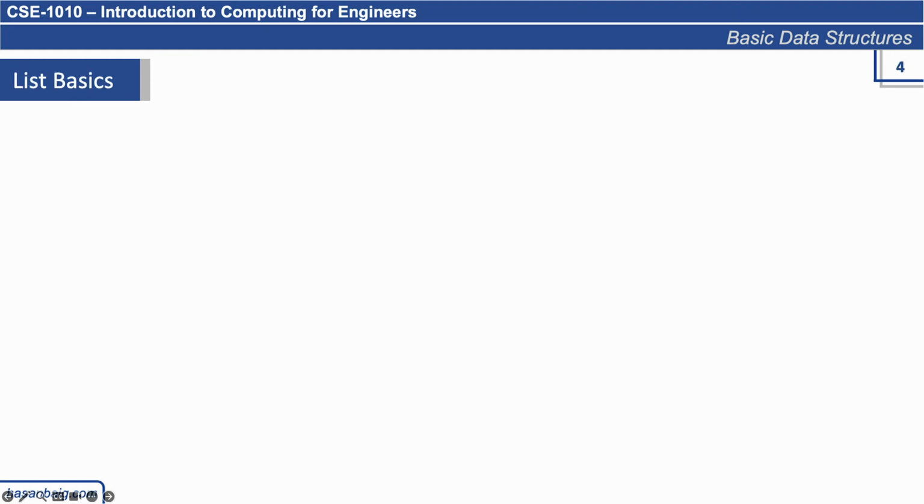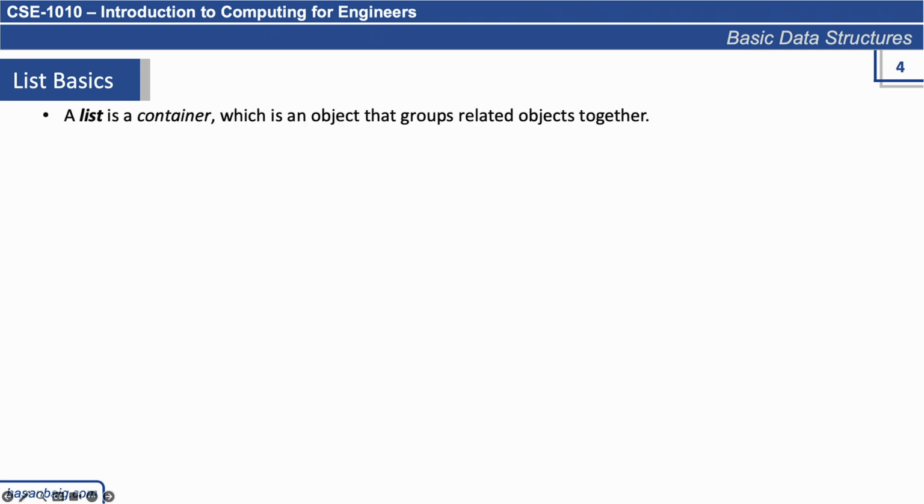So the first data structure that we are going to talk about is list, and this is what Hannah was talking about. We are going to discuss the list basics, the same as I talked about functions and variables. So list is a data structure, a container, which is an object that groups related objects together. So how would you prefer to write your code?